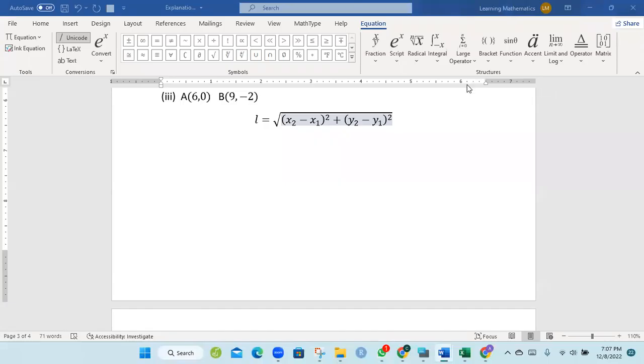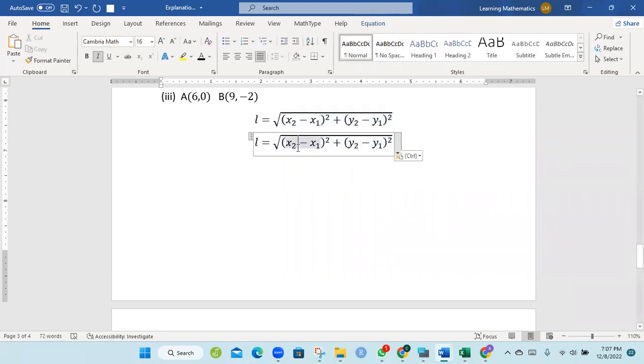We know the length of a line is equal to the square root of x2 minus x1 all squared plus y2 minus y1 all squared. So we can use point A as x1 and y1 and point B as x2 and y2. Let us substitute into this formula.